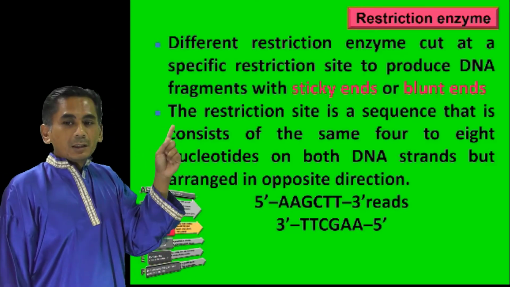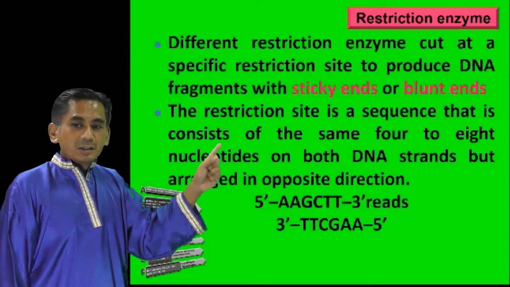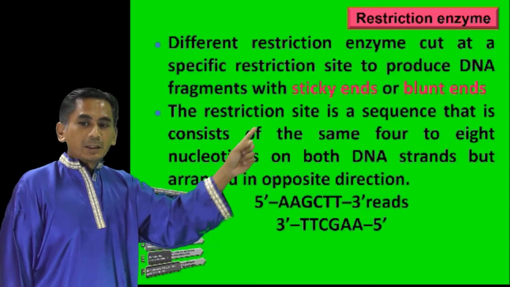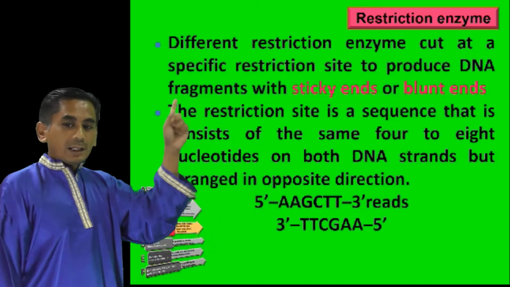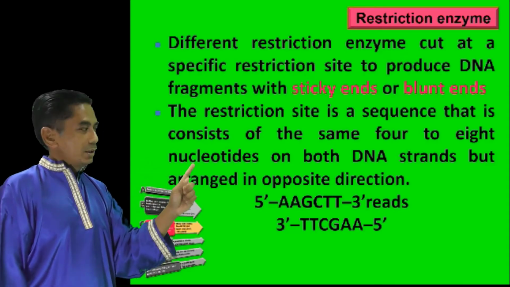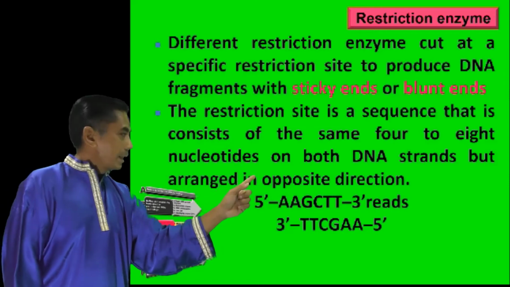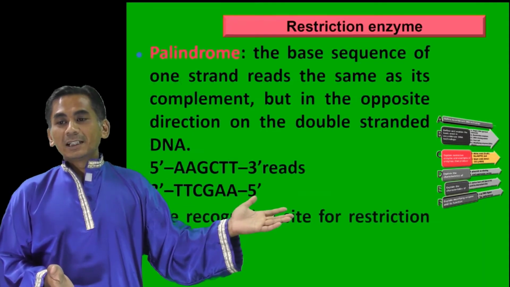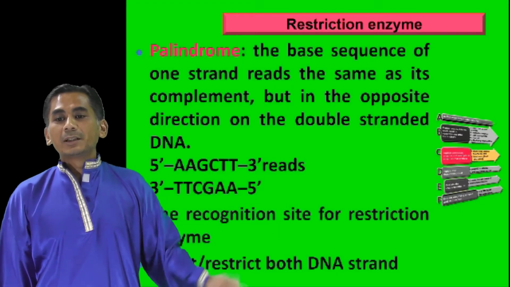5 prime A G C T T 3 prime reads, while the opposite side is 3 prime T T C G A 5 prime. The sequence of a recognition site has a palindromic sequence.